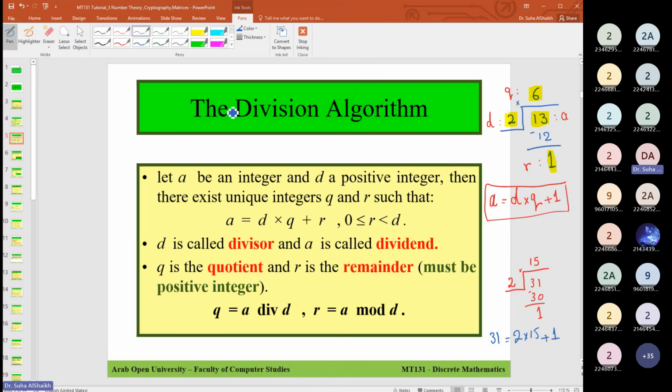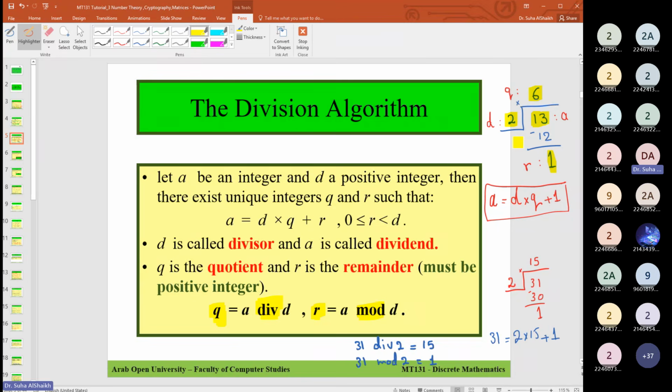Okay? Now the Q, which is the result of the division, we call it div. So the result of dividing 31 by 2 is 15. I'm saying that when I do 31 div 2, what's the result? 15. And the remainder of dividing 31 by 2, which we call mod in this case, is equal to 1. So the div is the Q, the quotient, which is the result, and the R is the remainder, which we call the mod in this case. Okay? So this is what we call the division algorithm.